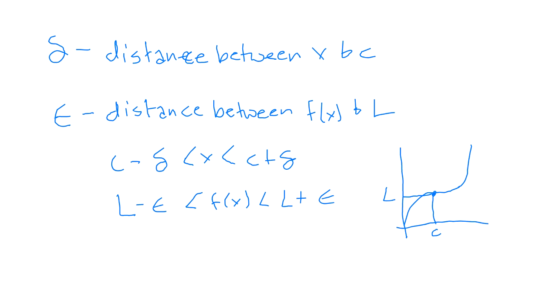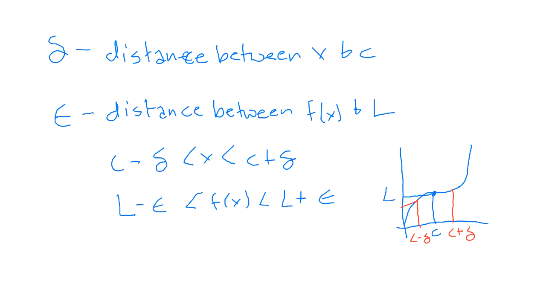So we can say that we have our delta line here. It's going to be our c plus delta, or we can go the other way and say that this is our c minus delta. If you bring this over, since these lie on the graph, they're also going to have corresponding f of x values.